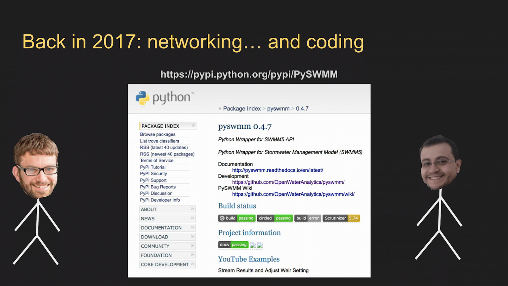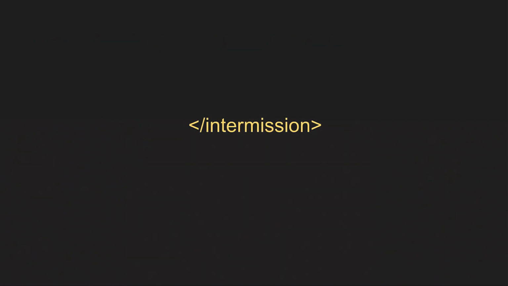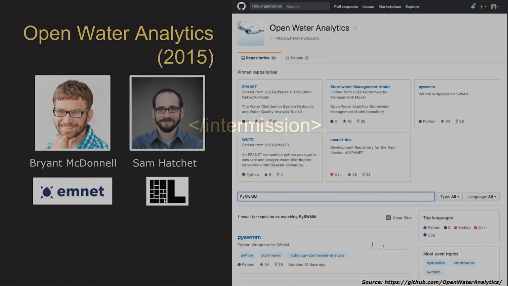We exchanged a few mails and did some stuff, and a couple of months later, we started working together. And now we have PySWMM version 0.4.7. Since then, we have been working together and coding together. And that brings us to what OpenWaterAnalytics is.